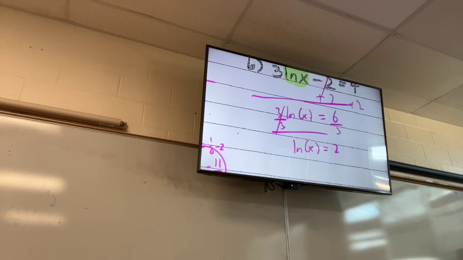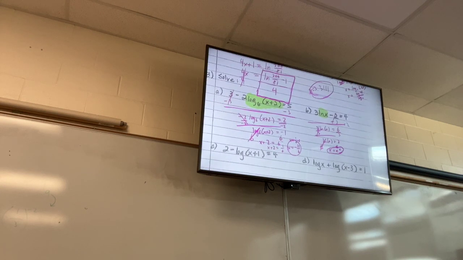E to the left equals e to the right. We undo logs with exponents, and we undo exponents with logs. So e to the ln x, do you see how these cancel? x equals e squared.